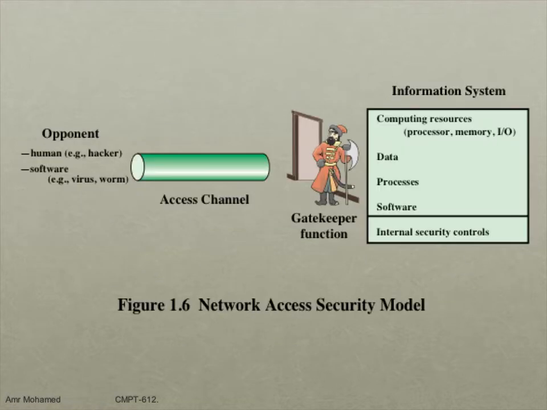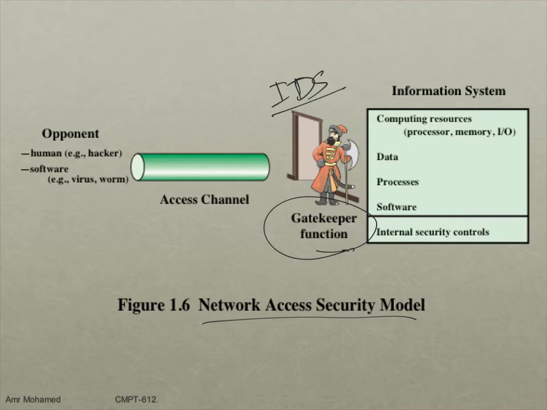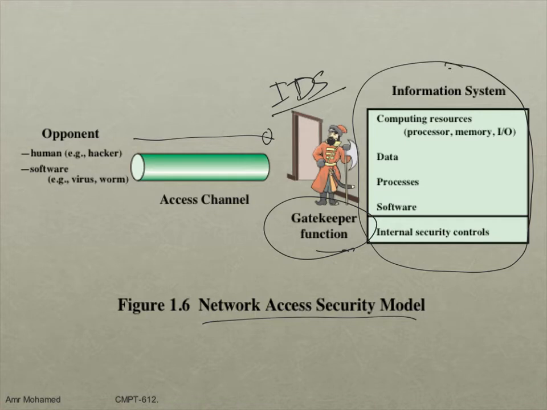Okay, so that's a network security model. Of course, also very important is the network access security model. The network access security model is used for intrusion detection. So this gatekeeper is some kind of a firewall or intrusion detection system, IDS. So this IDS can facilitate certain types of access to a network system or a resource of some sort, whether this is a server or some kind of a database or something like this.